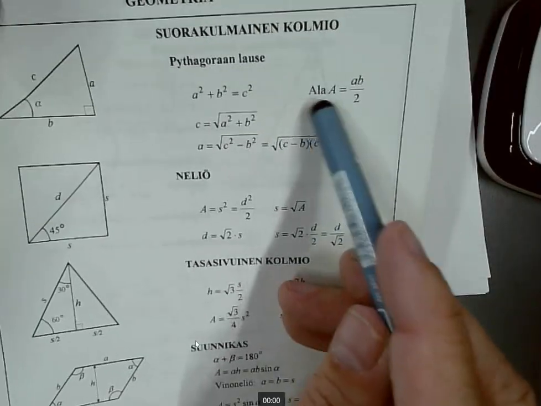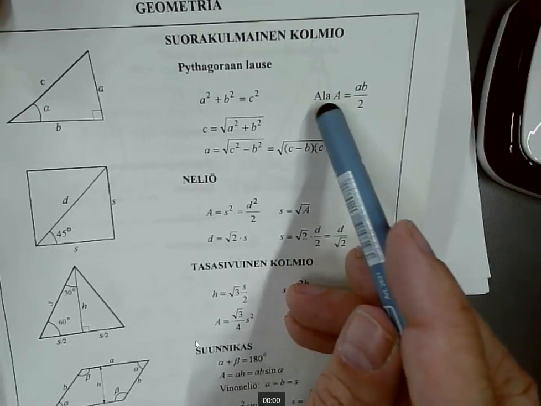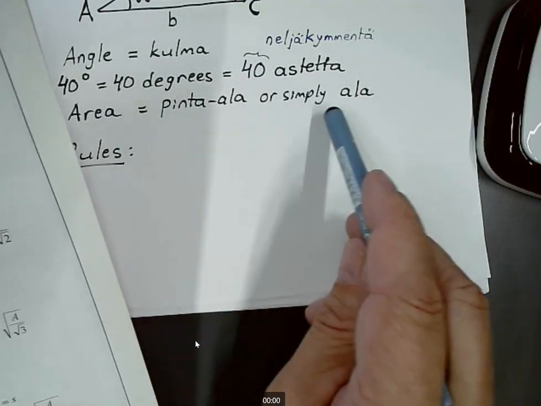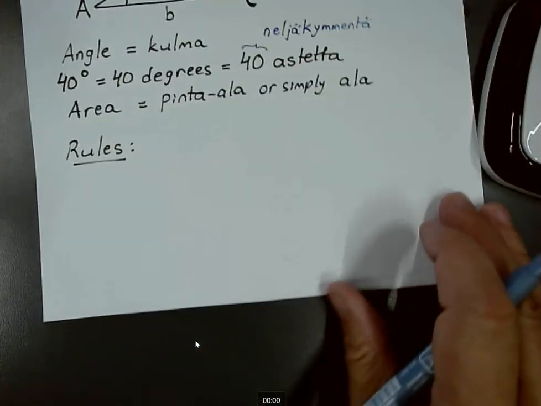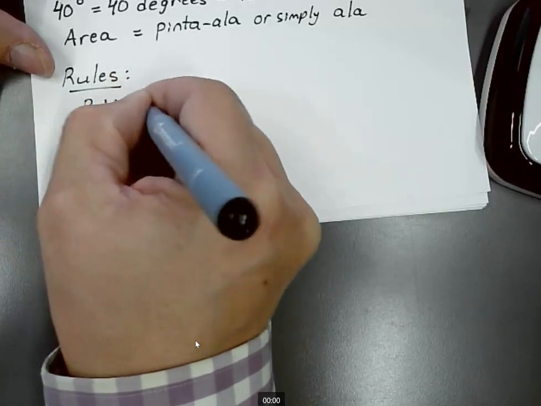Here you see the ala word. It is the area of a triangle. As I told you, you may say it pinta-ala or simply ala. In Finnish, Pythagoraan lause.